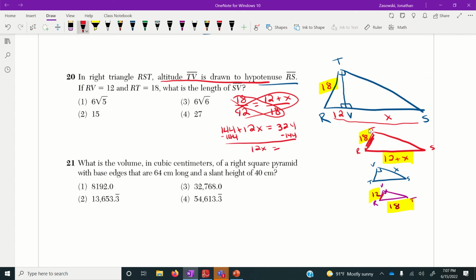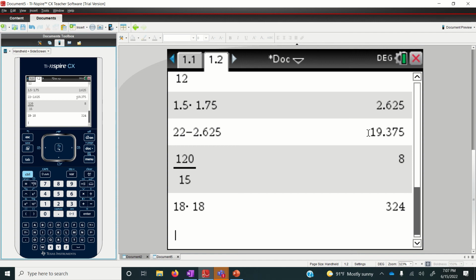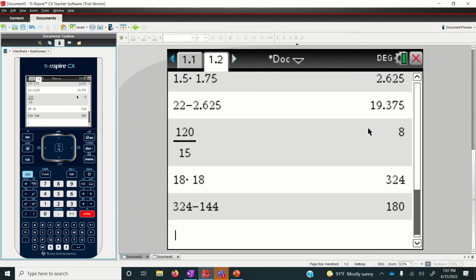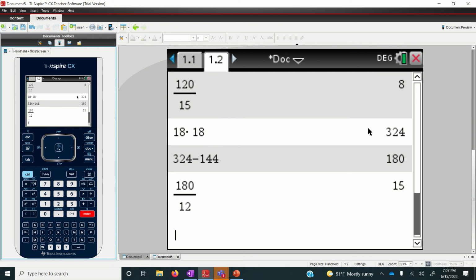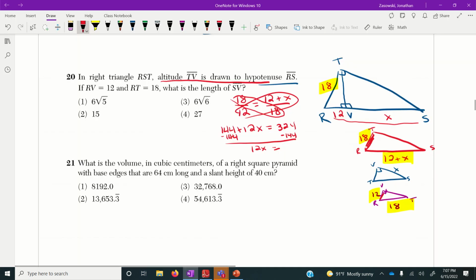So 12X is going to equal 180, and then we just divide that answer by 12 to get our answer of 15. All right, and that is how we do that question.